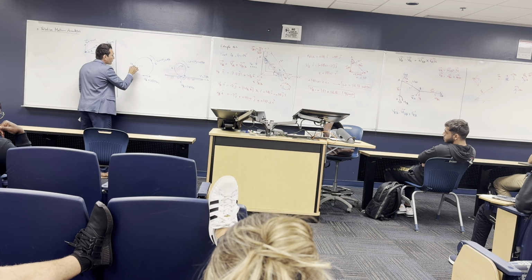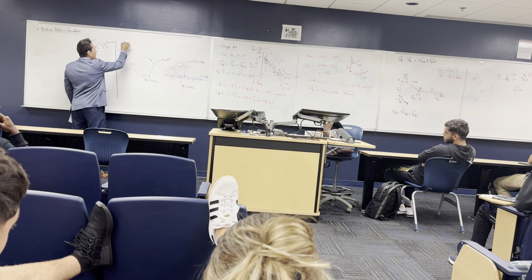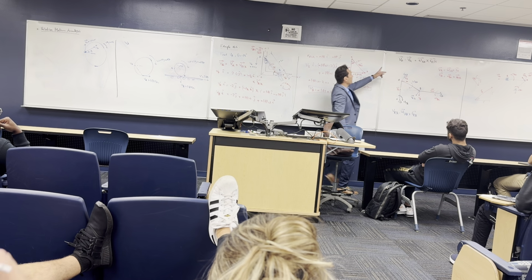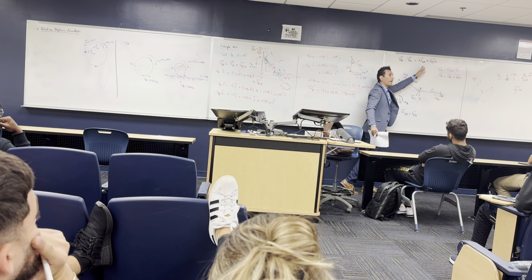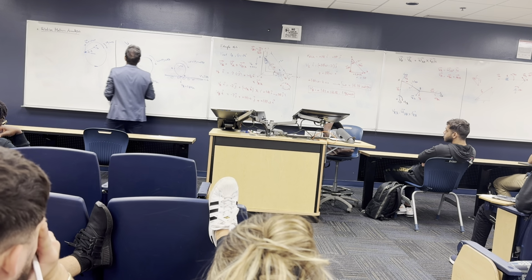We can actually get it using the concept of relative velocity. So VA, be careful, because what we did before is VB with respect to A. Right now we need to find VA with respect to B. So this equation will have a little bit of a change.